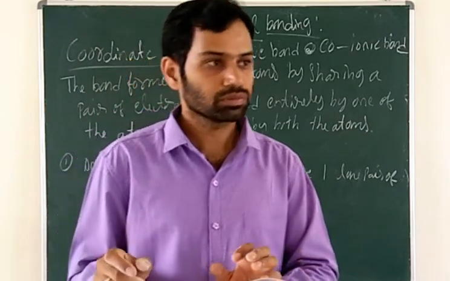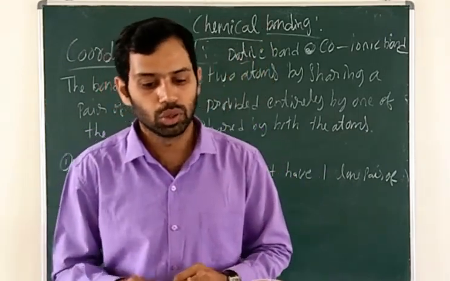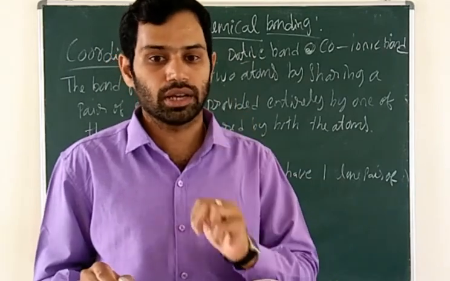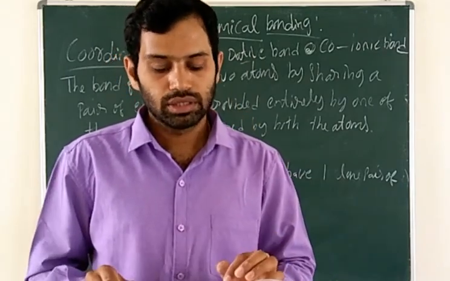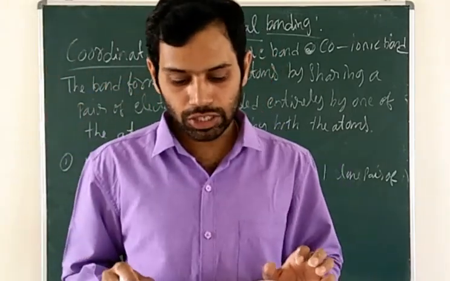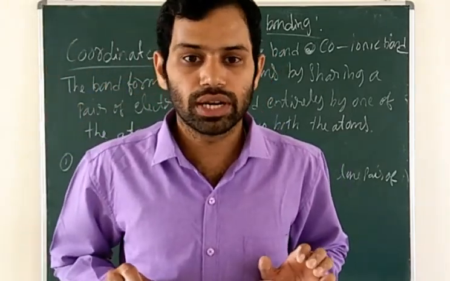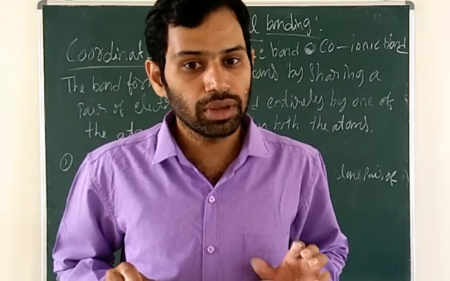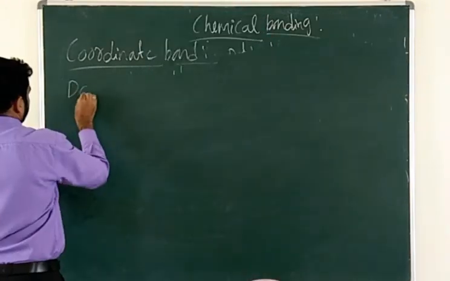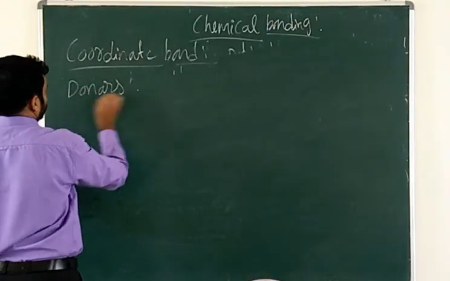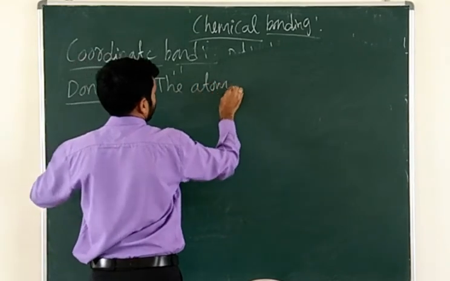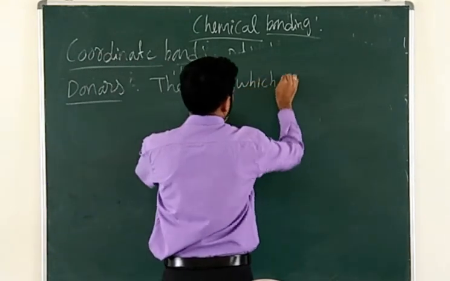Next, you will see two concepts here, donor and acceptor. Donor means the atom which provides the electron pair for the formation of coordinate bond.